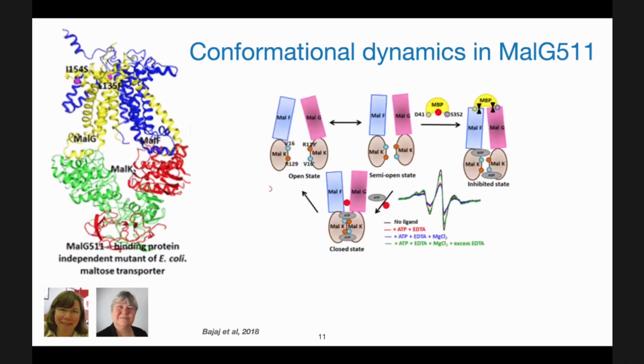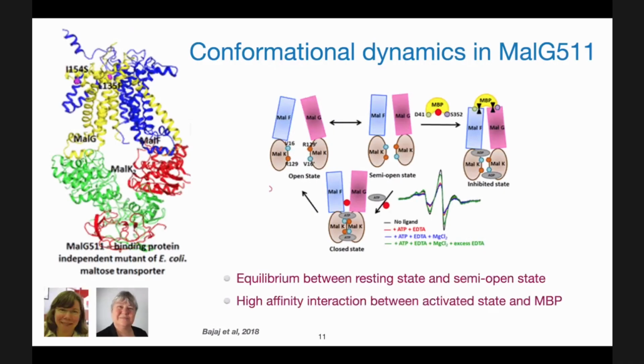So here what we did is we had tools, the EPR. Basically we had cysteine mutants which could be used to study the catalytic cycle of the maltose transporter using EPR. So we used the same mutant and had the MALG mutations in that, and we deduced its catalytic cycle, and we found that it exists in an equilibrium between the resting state and the semi-open state, and this activated state has high affinity with MBP, and because of that MBP can actually inhibit it, or if it is not being interacted by MBP, it can just go into its own cycle.